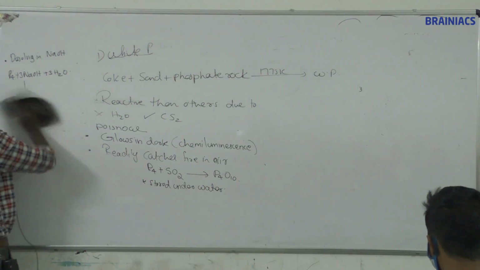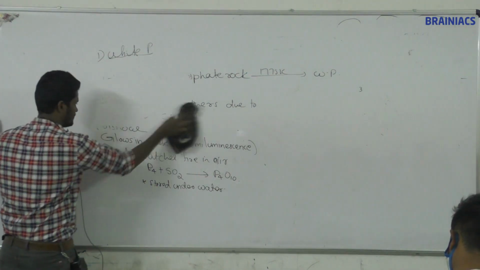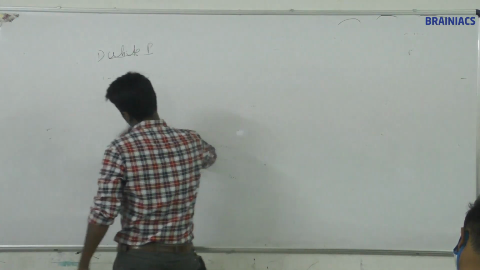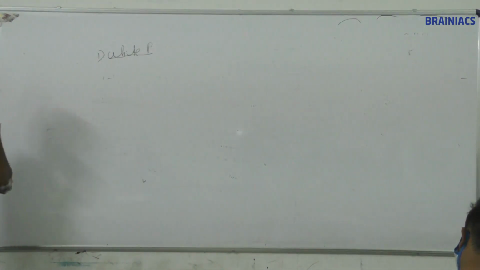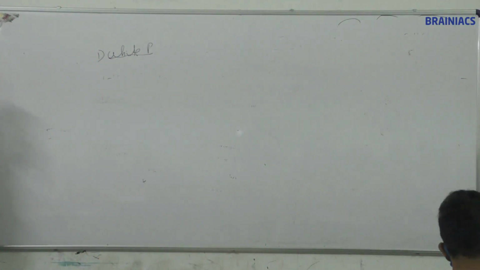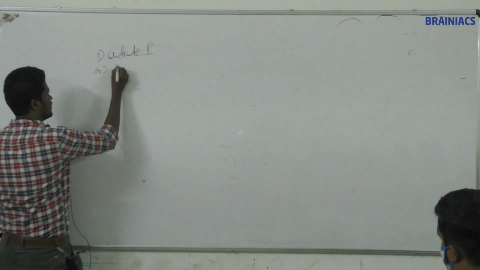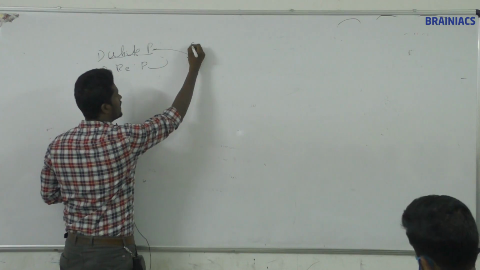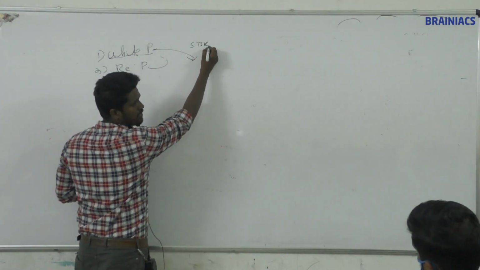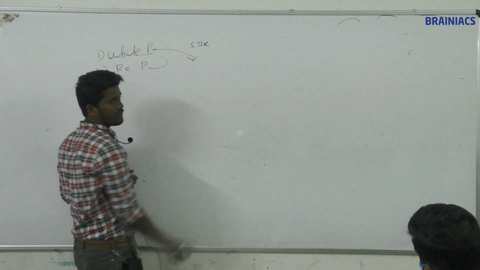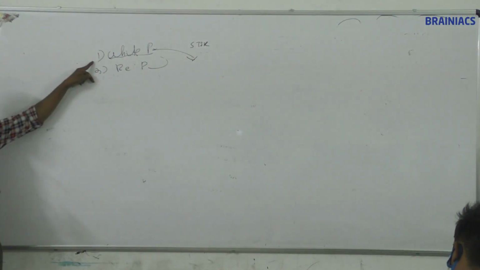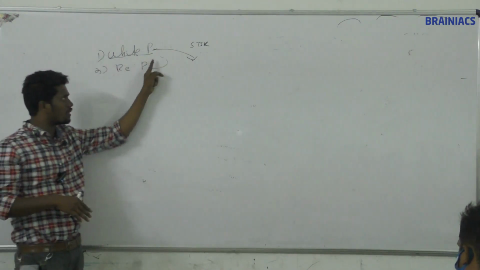Red phosphorus. So red phosphorus is formed from what? White phosphorus. Heating white phosphorus at 573 Kelvin in an inert atmosphere for several days converts it into what?